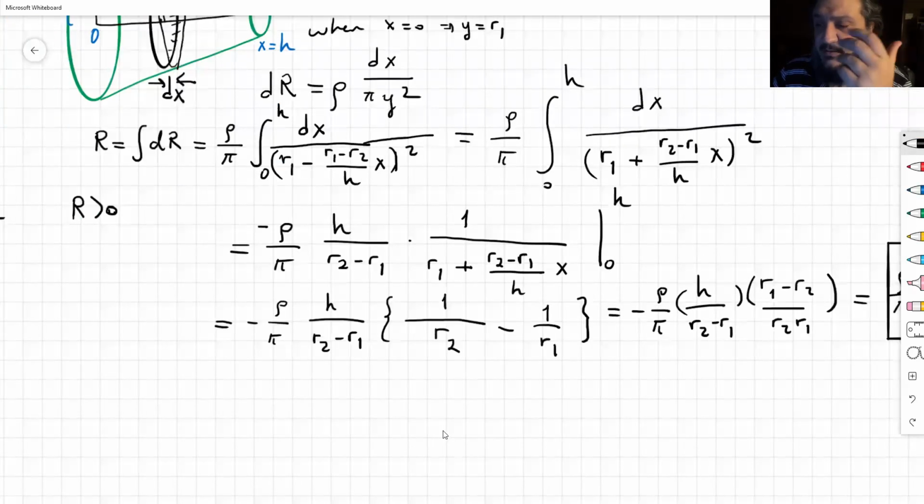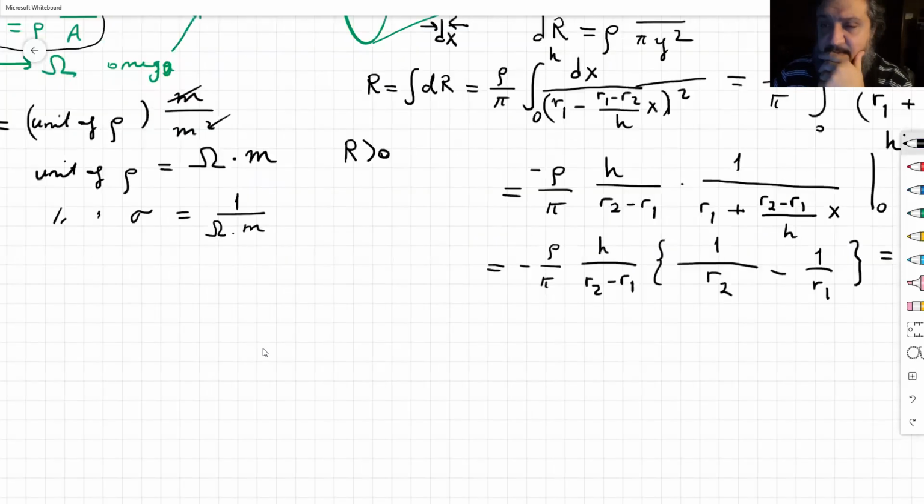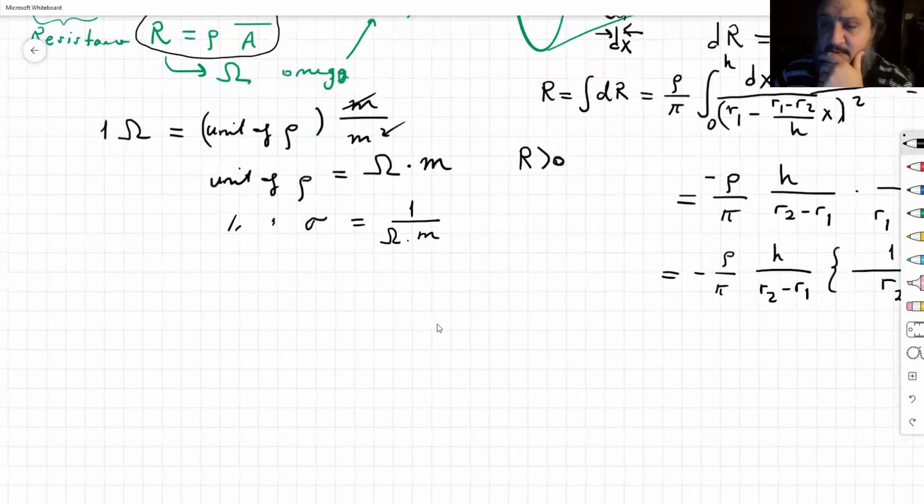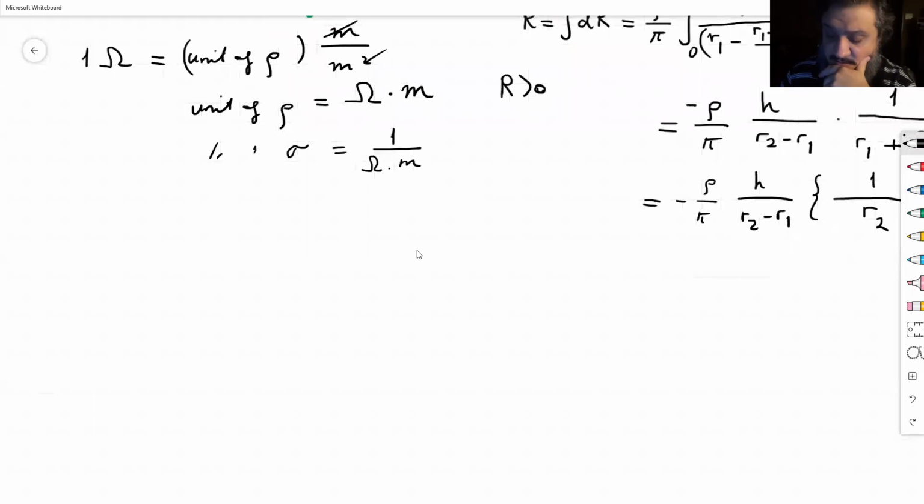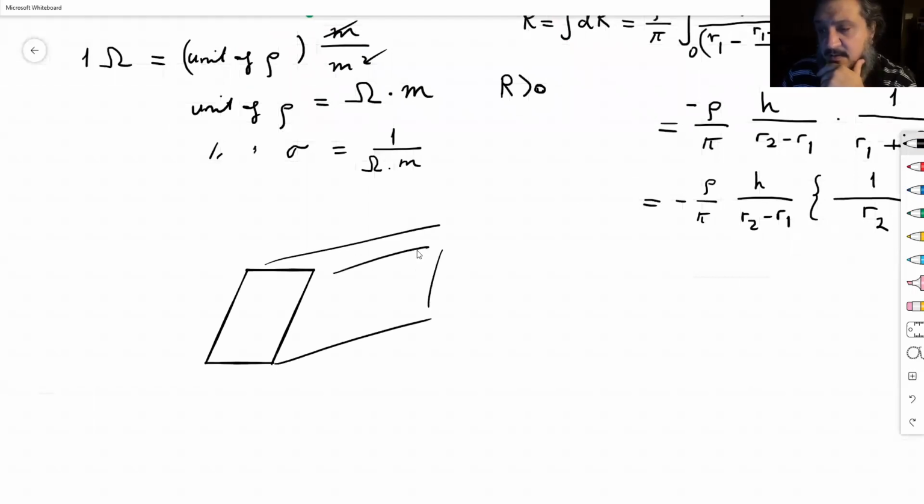Okay, I mean, you can have many examples. What if you had something like this? A prism-shaped conductor added to a cylinder. Okay, let me try to draw this nicely, okay?